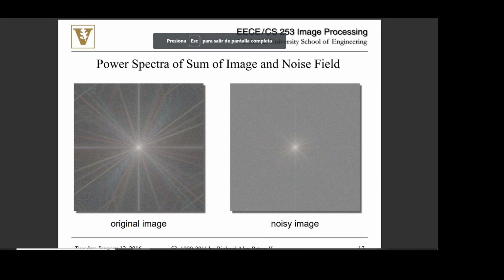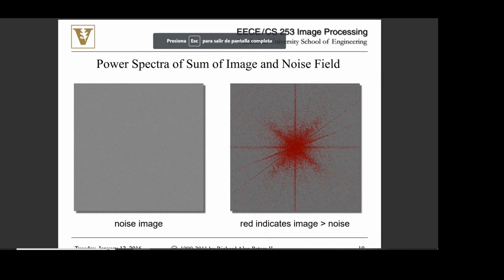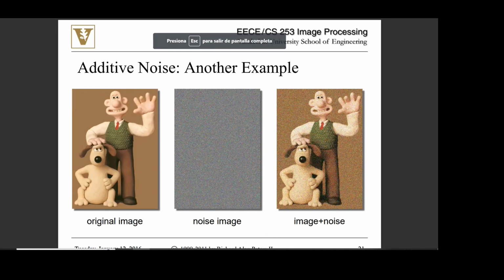You don't see them anymore. And then we can highlight at which frequencies we have more noise than signal. So all these blue points, we have more noise than signal. All these red points, we have more signal than noise. And then we can overlap the two.